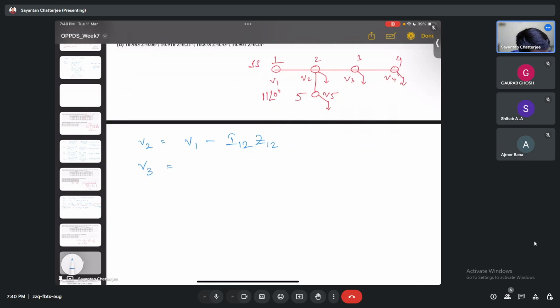V3 is V2 minus I23 Z23. V5 will be V2 minus I25 Z25, and V4 will be V3 minus I34 and Z34.